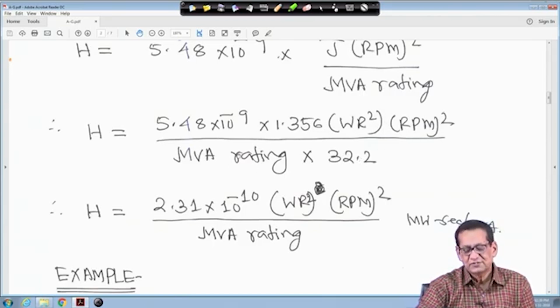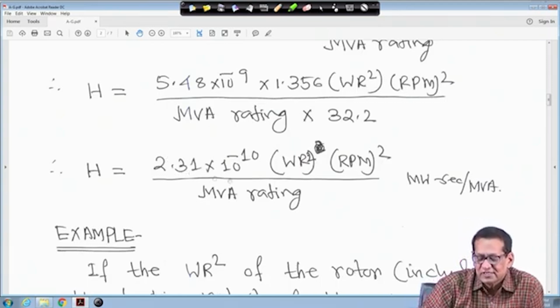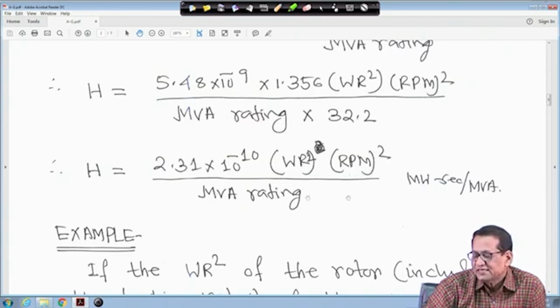So, if you simplify, H will be 2.31 into 10 to the minus 10 W r square into RPM square divided by MVA rating, that is megawatt second per MVA.